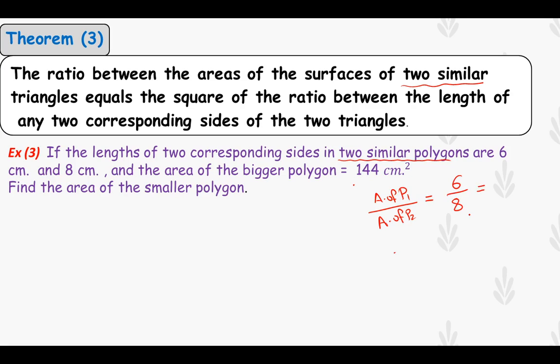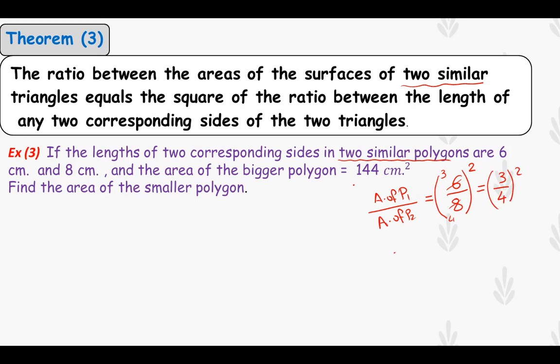You can put it in the simplest form: divided by 2, it will be 3, and divided by 2, it will be 4. So the ratio will be 3 over 4, all to the power of 2.